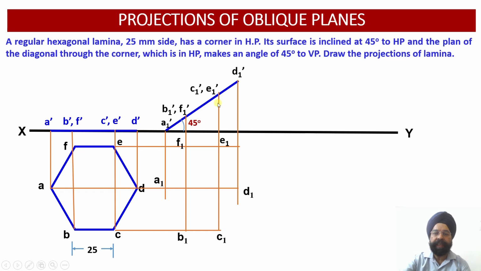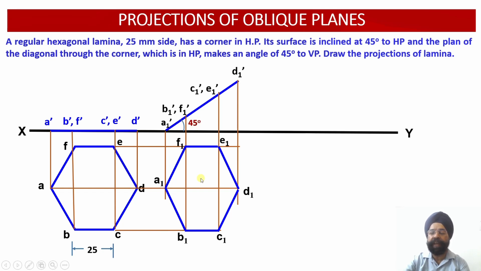Finally, the E1 dash vertical projector intersecting with the horizontal projector from the plan point E gives you E1, and the F1 dash vertical projector intersecting with the horizontal projector of F gives you F1. Having located all these points, we have been able to draw the top view of the lamina, which is inclined at an angle of 45 degree with respect to the horizontal plane.